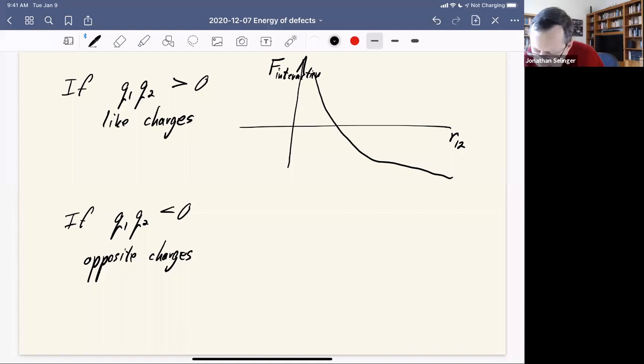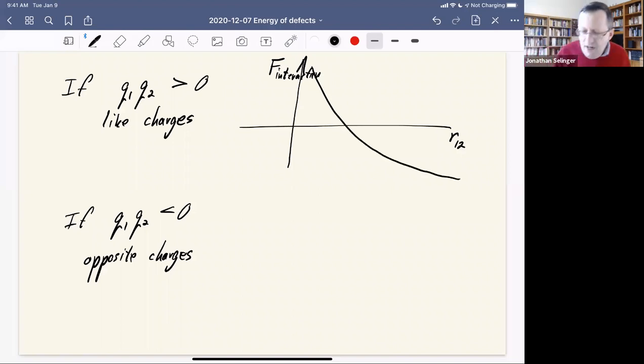Something like that. So this shows that the defects repel. That is, they can reduce their free energy by moving apart to larger and larger distances.